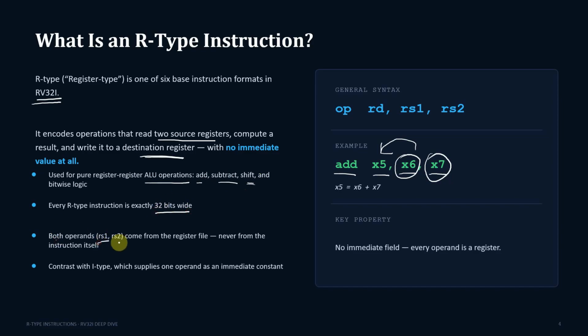Both operands rs1 and rs2, that is, source 1 and source 2, come from the register file and never from the instruction itself, in contrast with the I-type instruction.